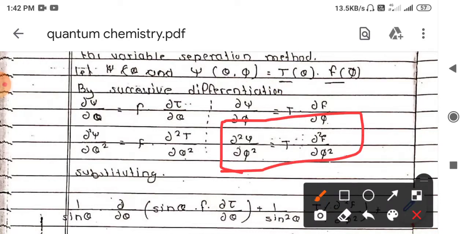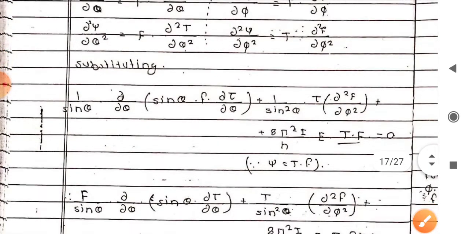So we substitute those values in the above Schrodinger wave equation.